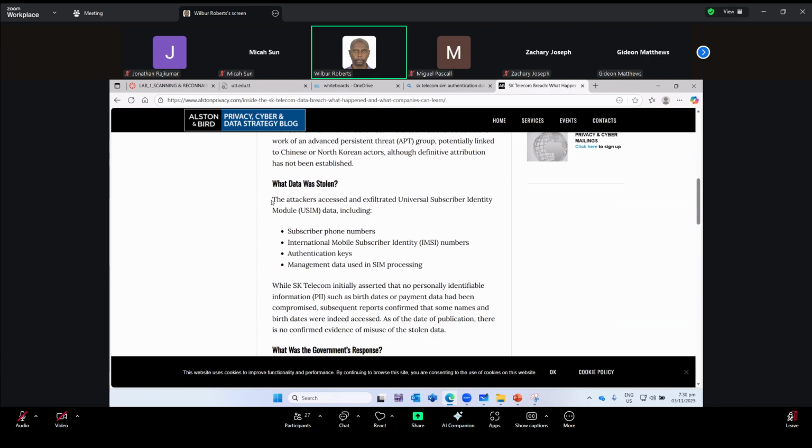So what was stolen? The attackers accessed and exfiltrated, that is downloaded, subscriber identity module data. That is the data associated with, let us say, different phone numbers and so on.